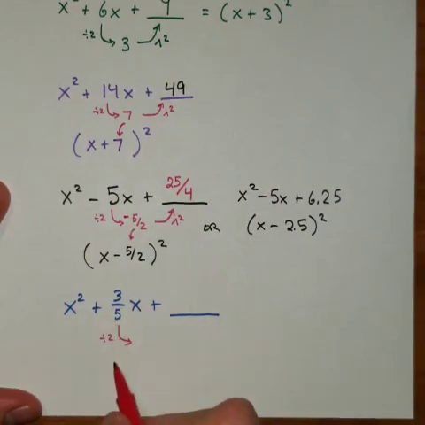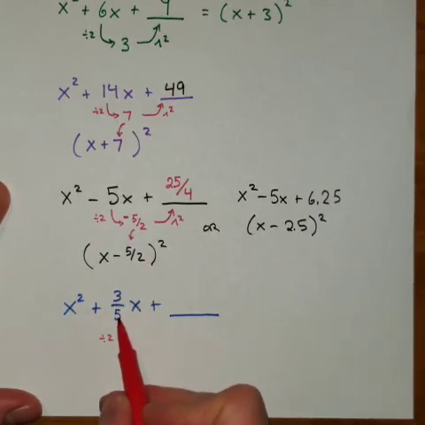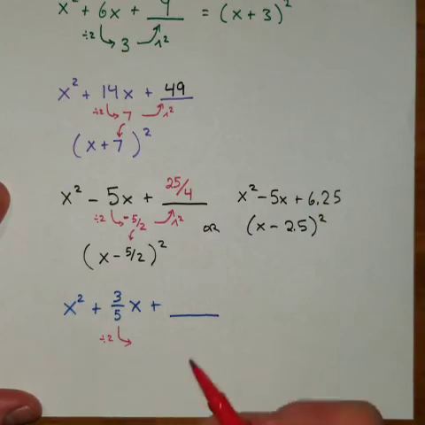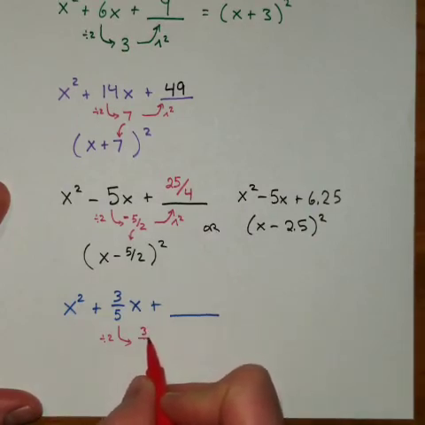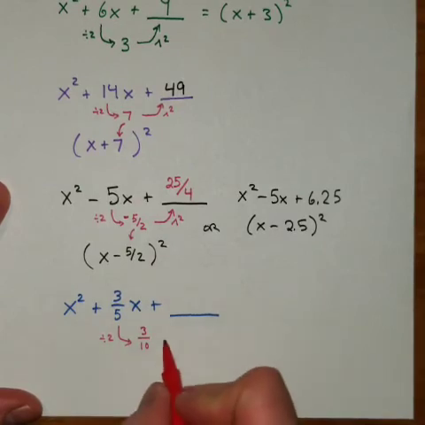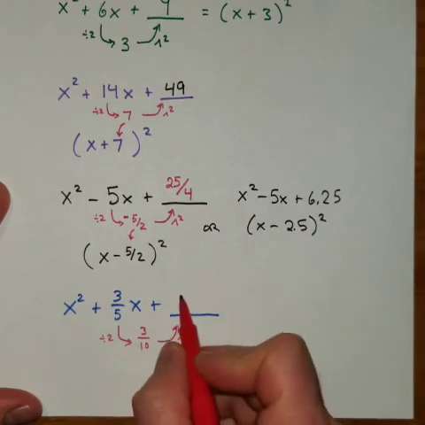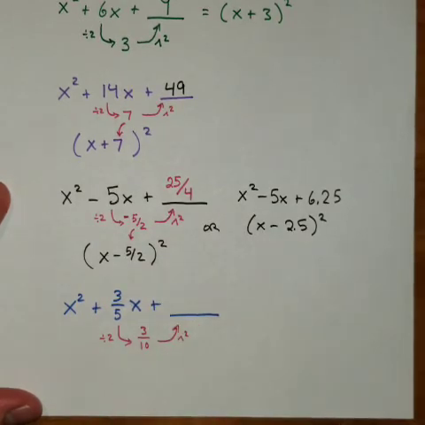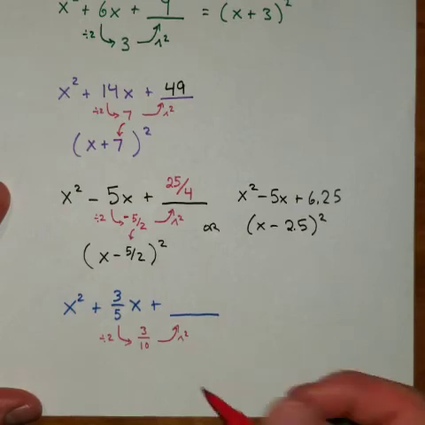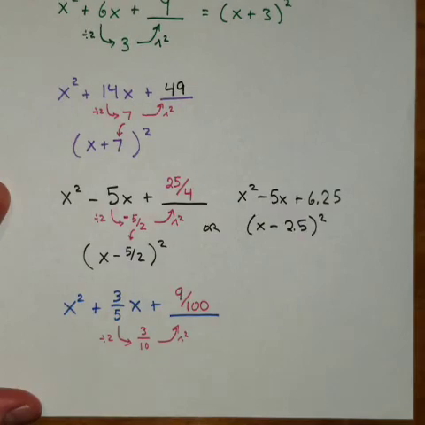Now anytime you divide a fraction by 2, it's like doubling the bottom. So 3/5 cut in half is really 3/10. Okay, so dividing by 2 is like multiplying by a half, so the 2 goes on the bottom. Then you would square that, and that would be what, 9 over 10? Oh, I'm sorry, no, 9 over 100. There it is, 9 over 100. Square the top and square the bottom.